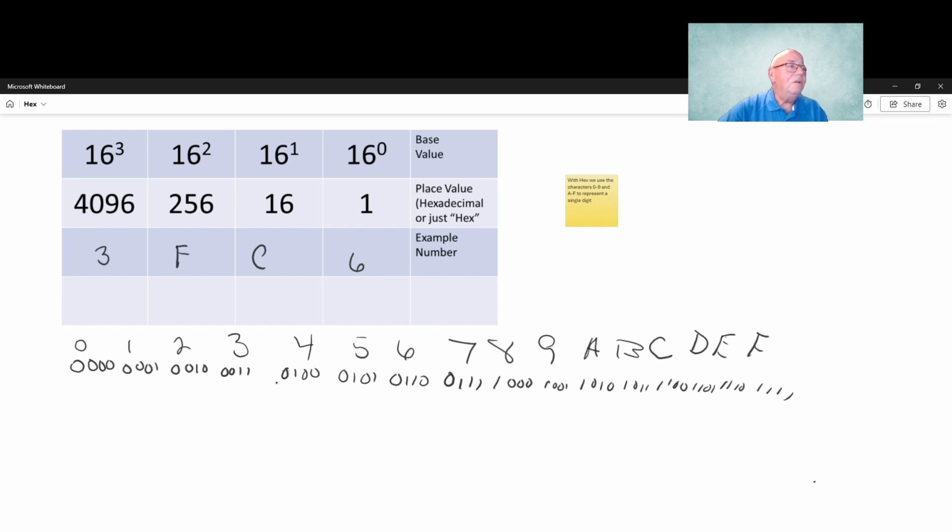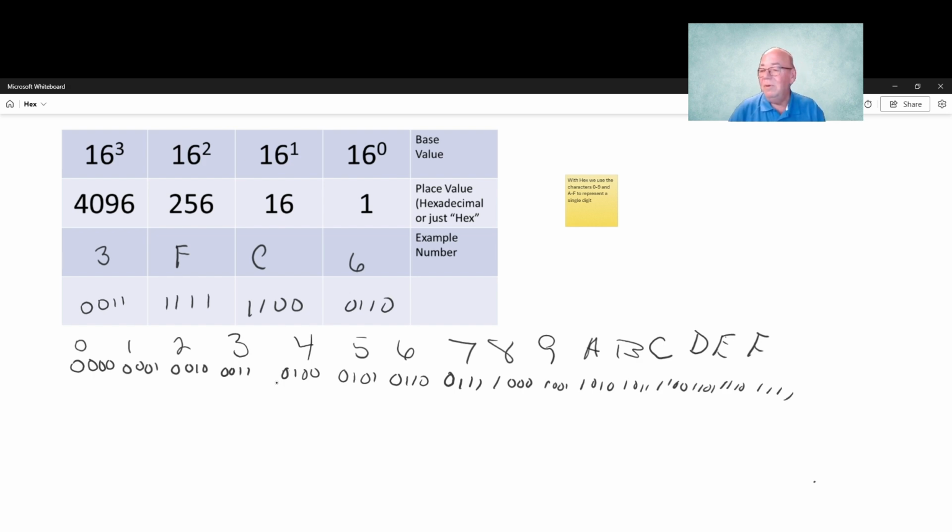What does that turn out to be? Well, 3 is 0011. And F is 4 1s. And C is 1100. And 6 is 0110. That's it. That is the binary equivalent of 3FC6.